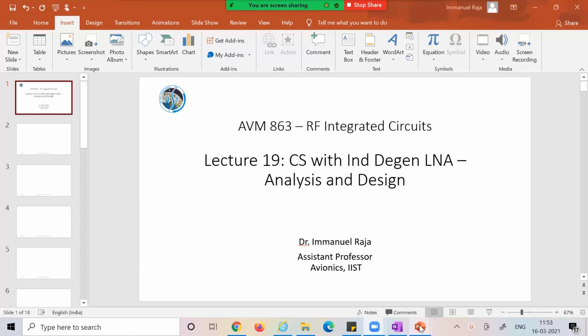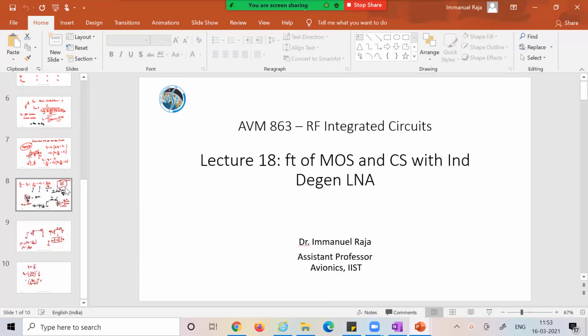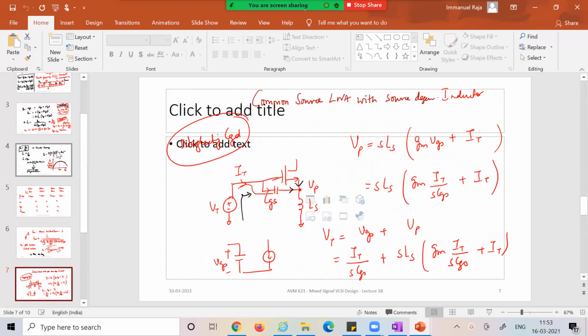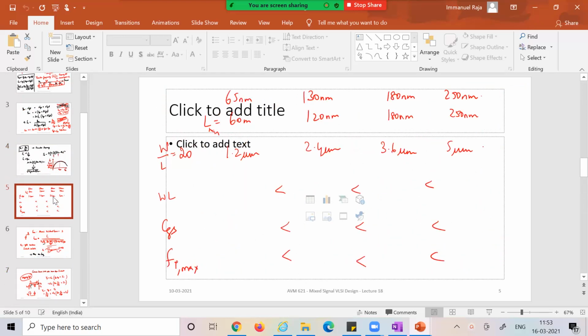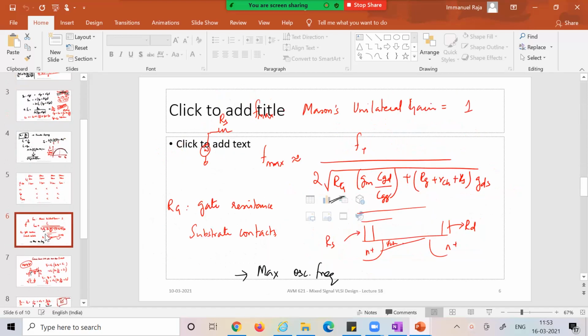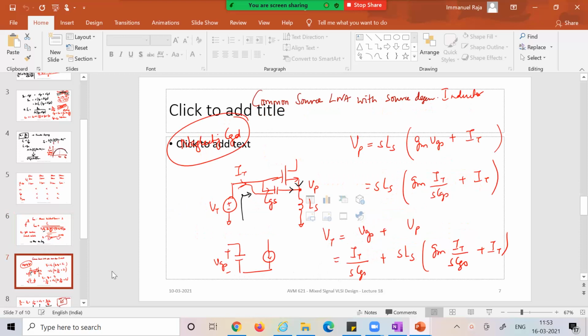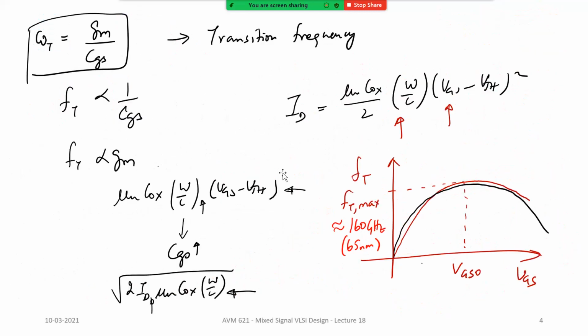So in last class, let me just quickly refresh your memory. We did go through the LNA, right? Yeah, so we looked at the input impedance of this particular LNA.